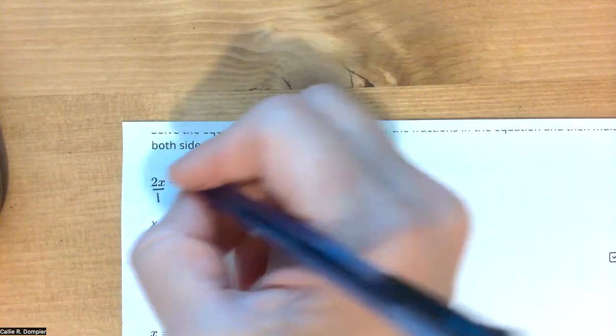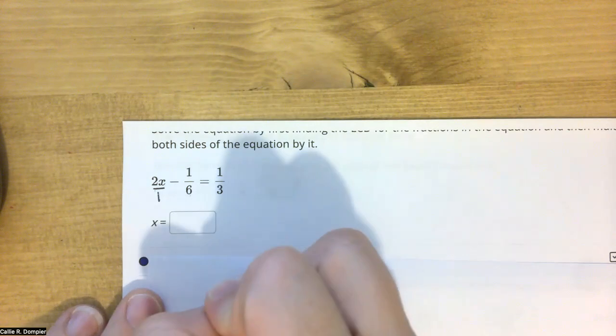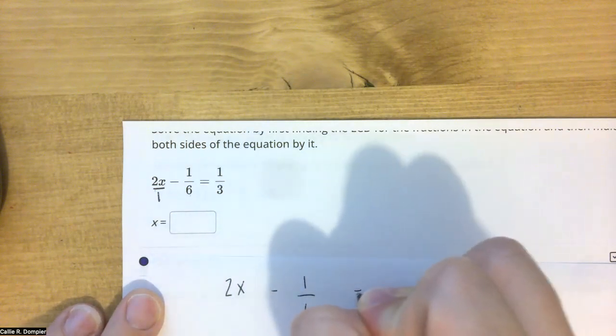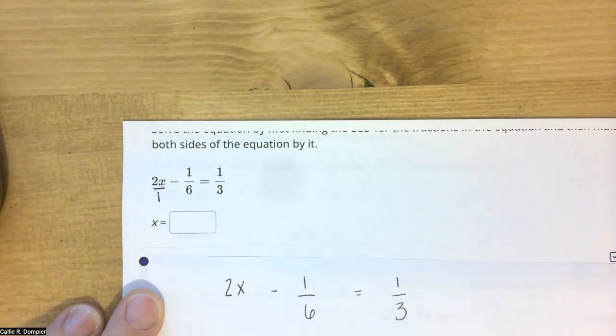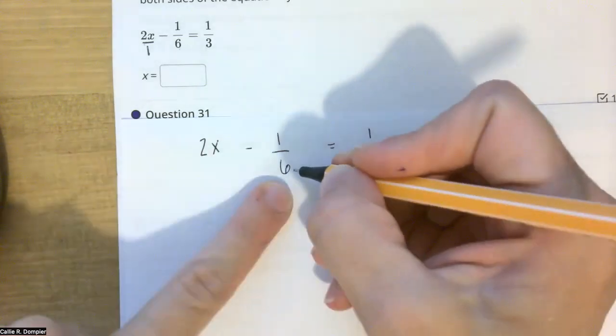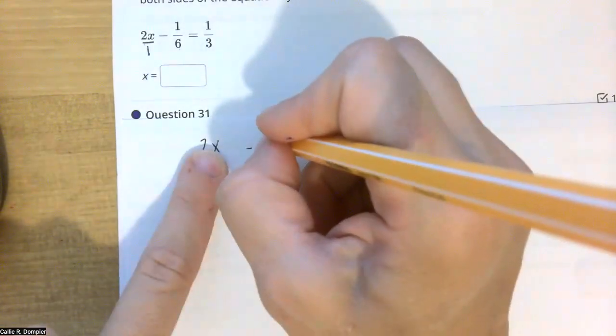Okay, so I'm going to take all of these. Let me rewrite it. 2x minus 1/6 equals 1/3. I don't like fractions. So this is being divided by 6, right? 1 is being divided by 6.